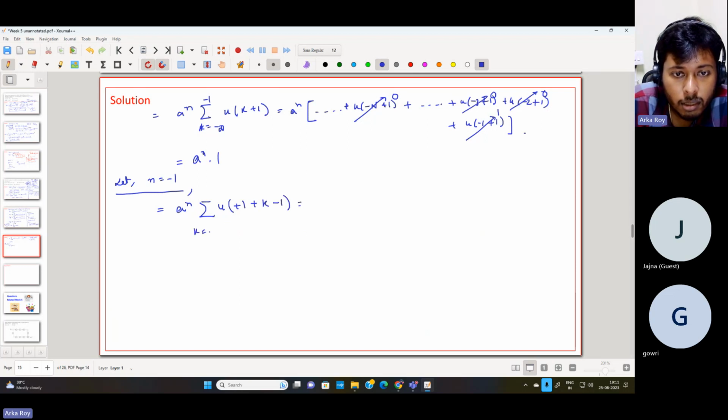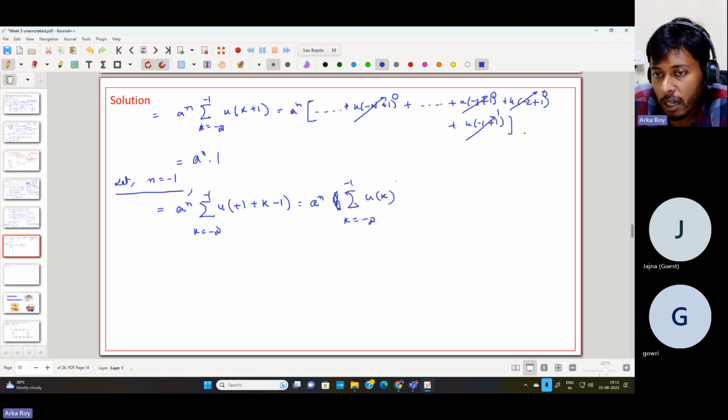And k is running from minus infinity to minus 1. So a to the power n, summation u of k, and k is running from minus infinity to minus 1. So if we put the argument inside this u as negative values, we know that the unit step doesn't lie on the negative side of the index sample. Therefore the summation will go to 0, and the final output will be 0.